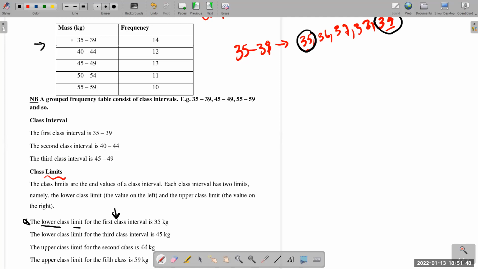And if we want the lower limit, that would be the lower number, which is 35 kg. Keep it in mind, you realize they put the units, they didn't just put 35. Everybody see that? Always pay attention to the units. It's talking about 35 kilograms. Let me know if you got it.